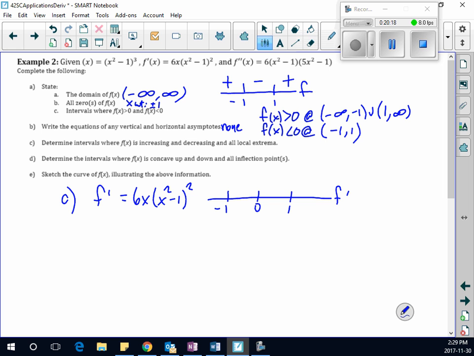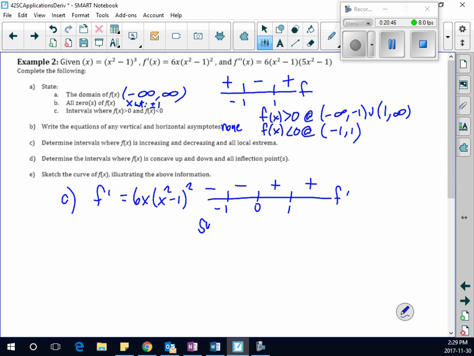Are you not trying the sign diagram? Okay, so what's the sign diagram then? It's negative. Yeah, then it's negative, then it's positive, then it's positive. Okay, so what does that mean?